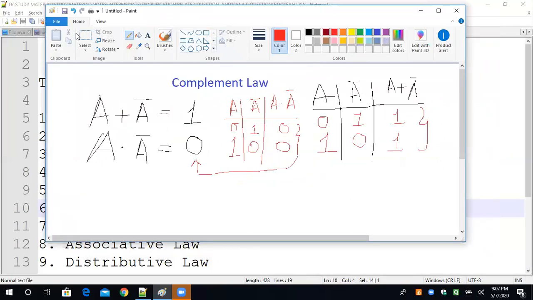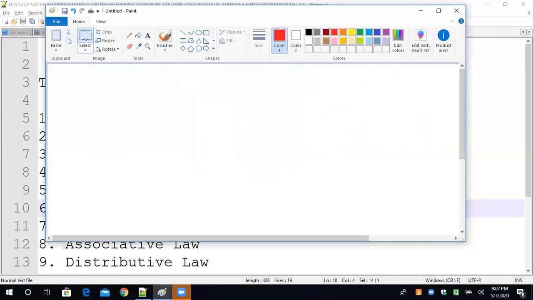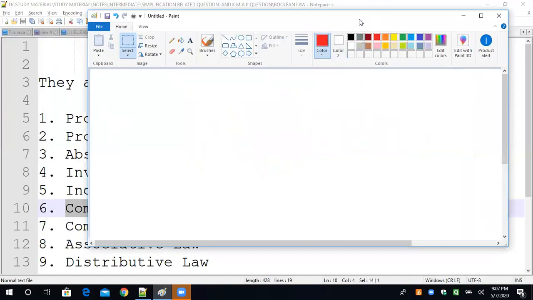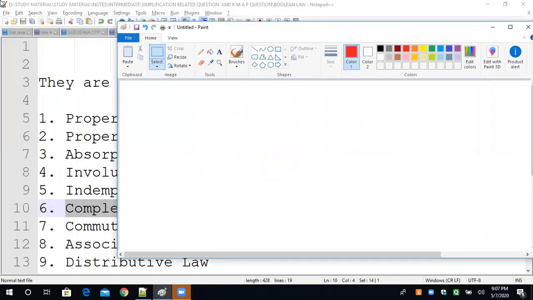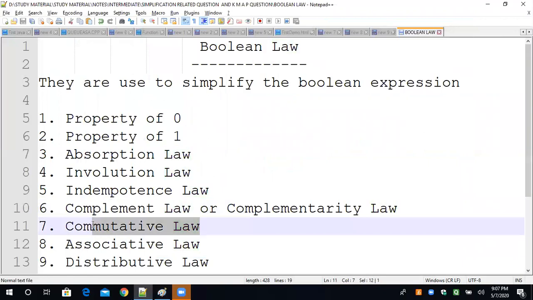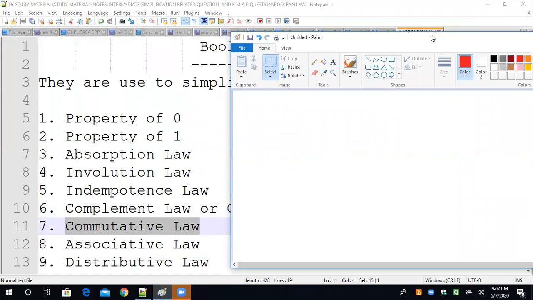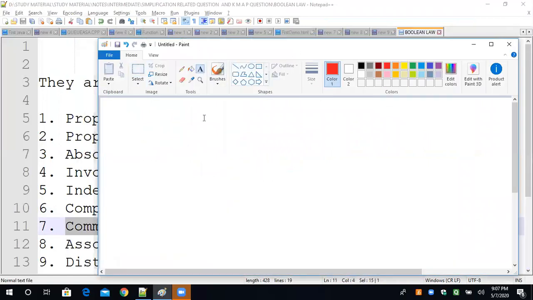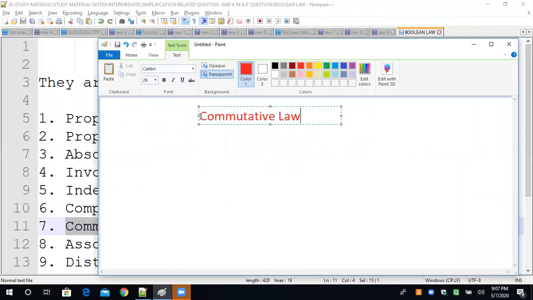The commutative law. Okay, the commutative law. So according to the commutative law, A plus B can be written as B plus A. A dot B can be written as B dot A. No problem.